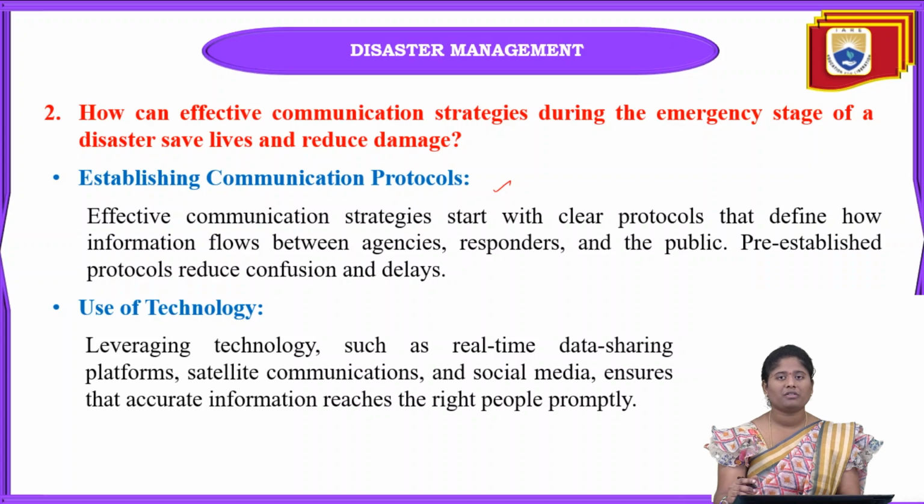Next is use of technology. In this one, we are leveraging technology like real-time data sharing platforms and also communication using social media. Using this type of communication facilities will ensure accurate information.